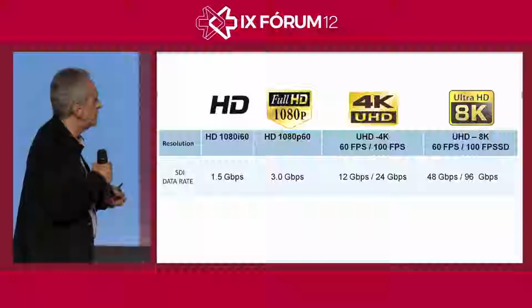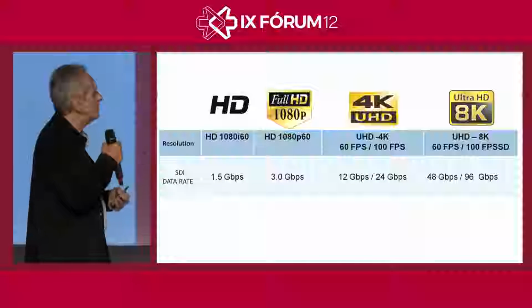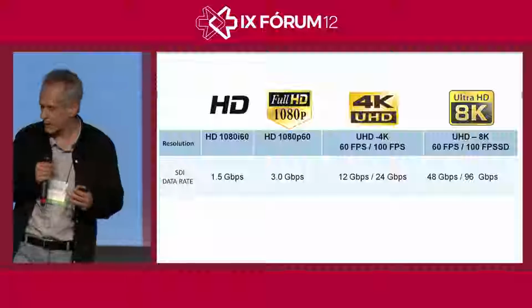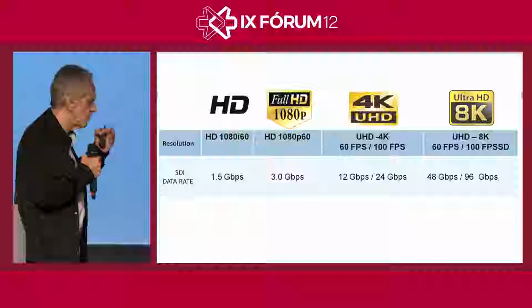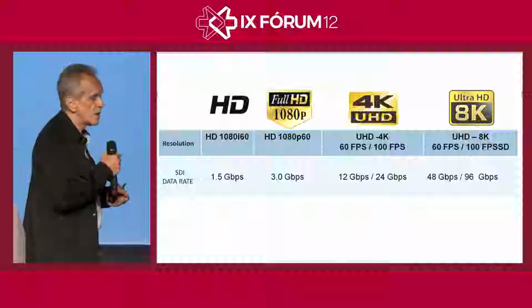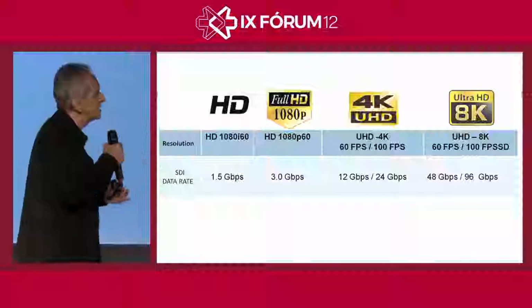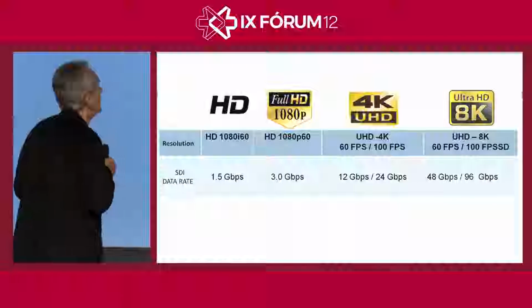The rates would be around, for production, 12 gigabits or 24 gigabits. And 8K, we already have networks broadcasting 8K. That would be like Japan, that was already in a race to broadcast 8K until the Olympics. These rates are even higher.